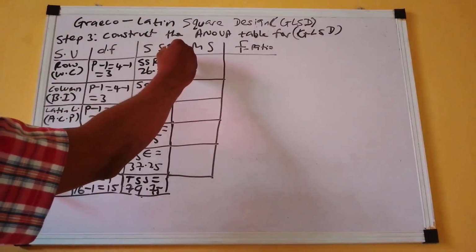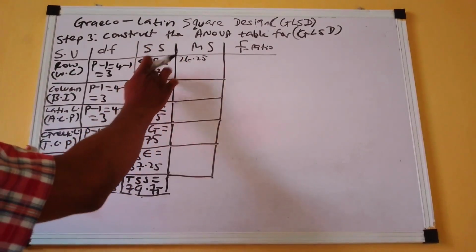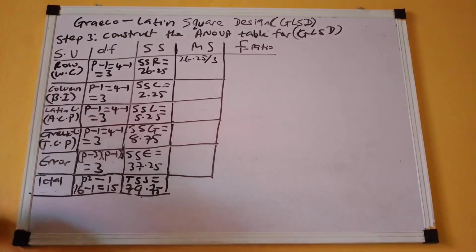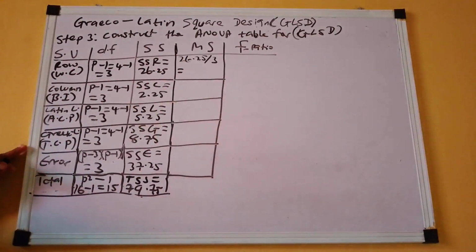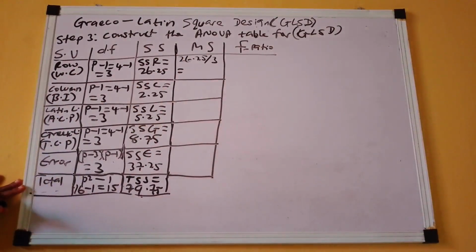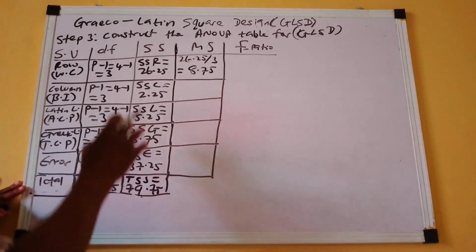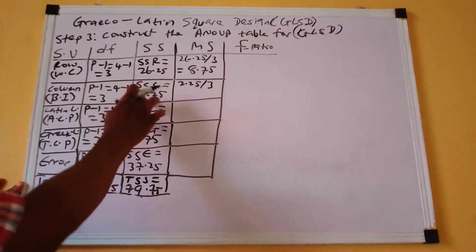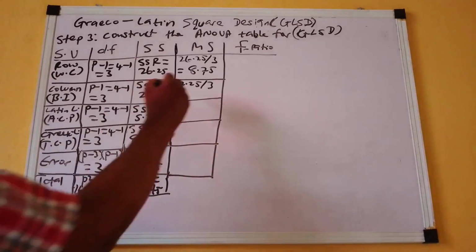So this will be 26.25 divided by 3, and you have 8.75. Then this one will be 2.25 divided by 3, and that will be 0.75.